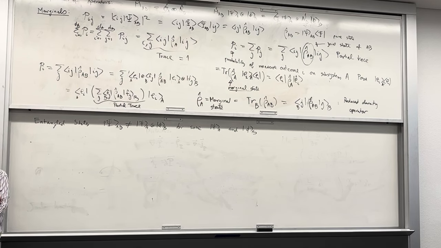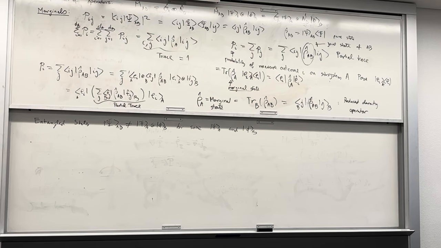But as we'll see in a moment, if I have an entangled state, such as a two-mode squeezed vacuum, there's an entanglement between the quadratures. The quadrature outcomes of a two-mode squeezed state are entangled.